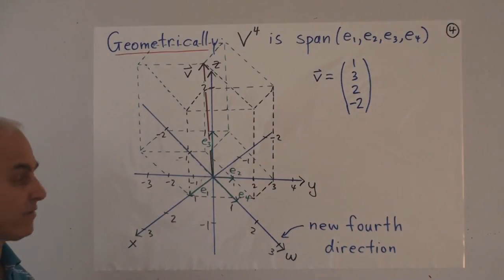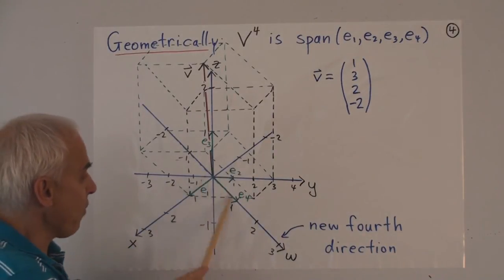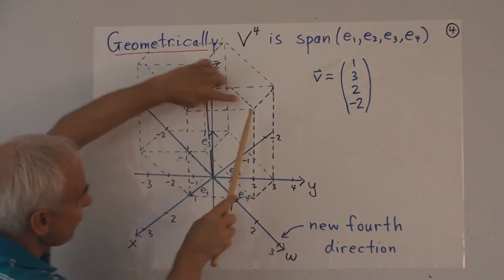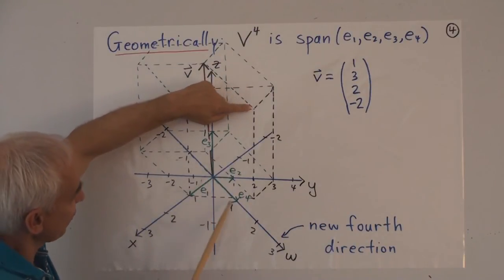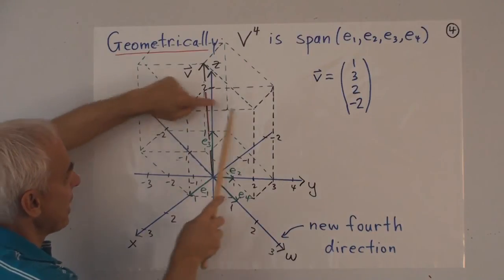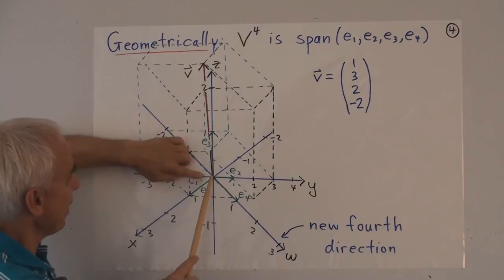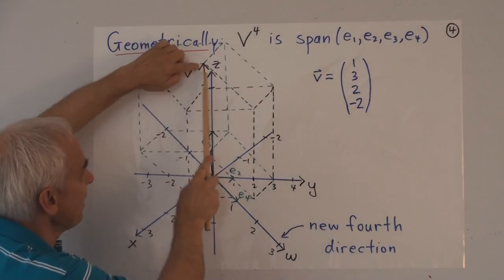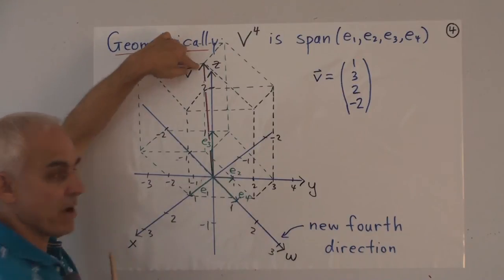Now we have to modify that by adding minus 2 times the vector E4. So we have to go from here and add minus 2 times E4, which is to say we've got to go in this direction that amount. And I've represented that by here. So there's the resulting vector v. It's the combination of going in these 4 directions by these 4 amounts.